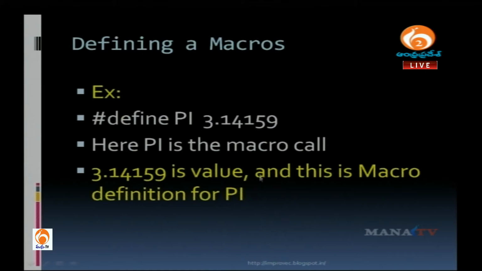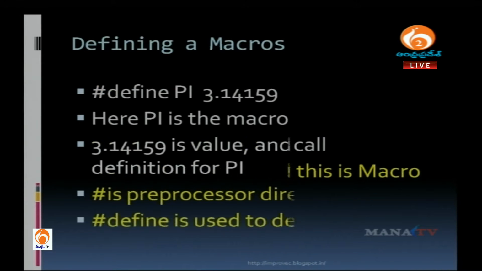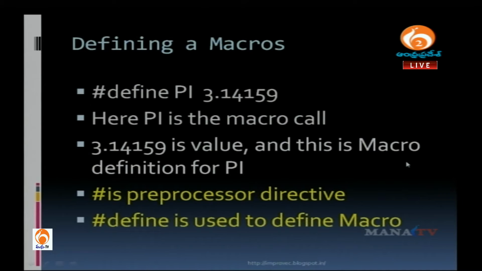So throughout the program, the value remains a constant, that is 3.14159, wherever you use the PI value. So hash is a preprocessor directive. #define is used to define the macros. To define the macros, we use the keyword #define.